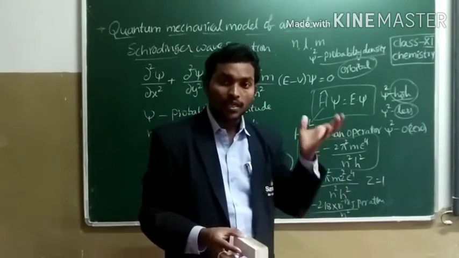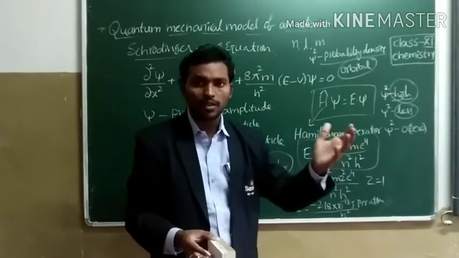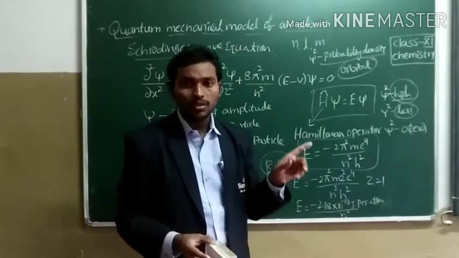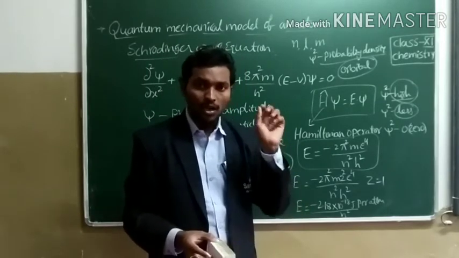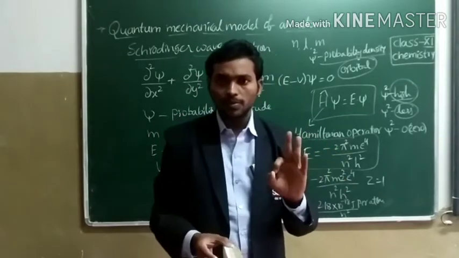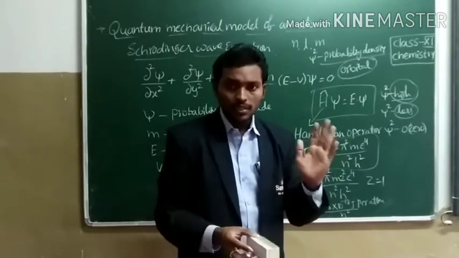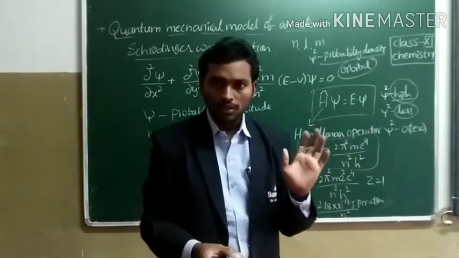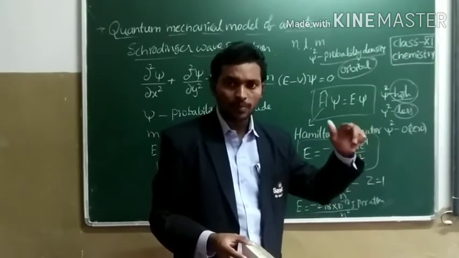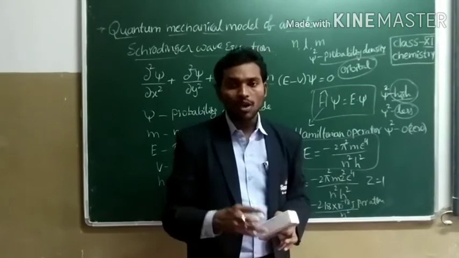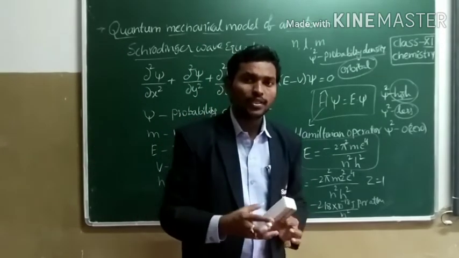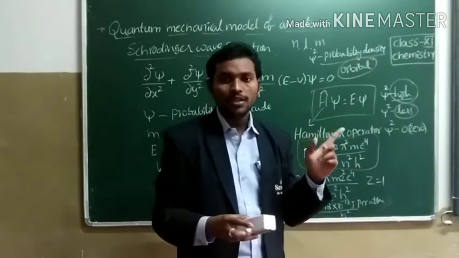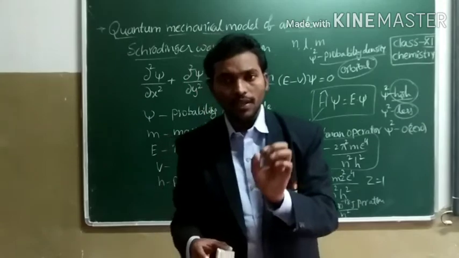So the Schrödinger wave equation or quantum mechanics defines the orbital. Niels Bohr's atomic model defines the word orbit. An orbit is a circular path revolving around the nucleus, proposed by Niels Bohr as stationary orbits, and these orbits are denoted by K, L, M, N. An orbital can be defined as the smallest region of space around the nucleus where the probability of finding an electron is maximum.